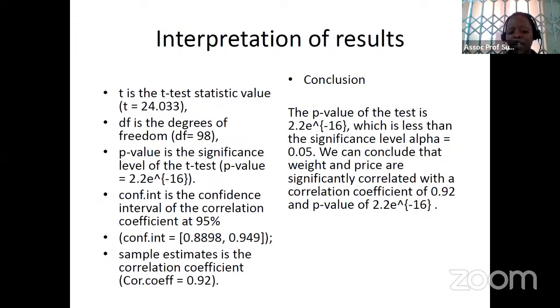The correlation value is greater than 0, and the corresponding p-value is smaller than 0.05, showing us that there is evidence to reject the null and conclude that weight and price are significantly correlated, with our correlation value of 0.92.